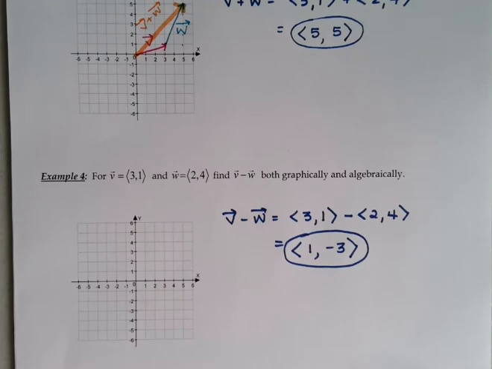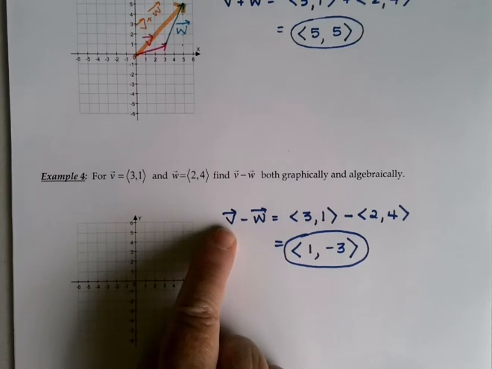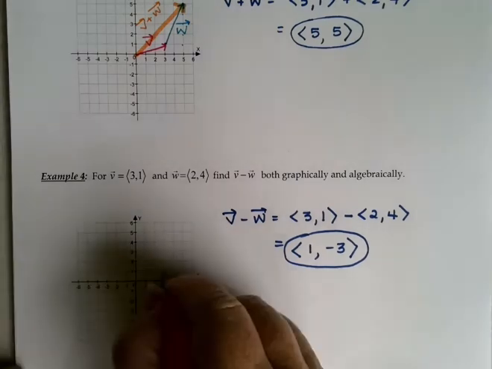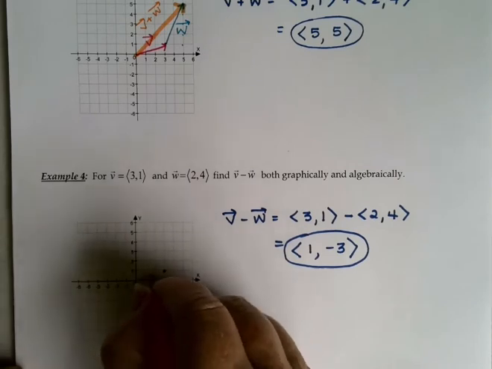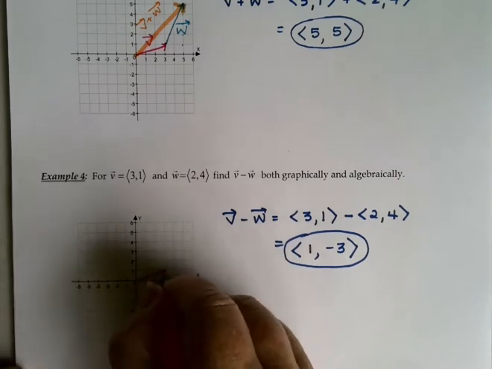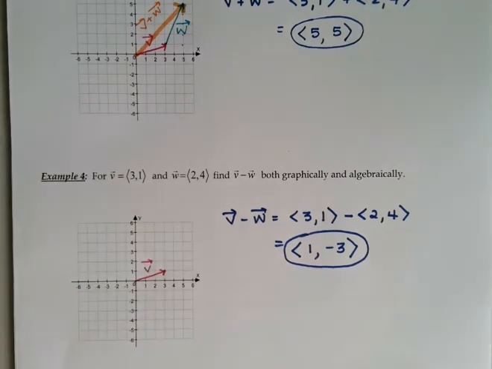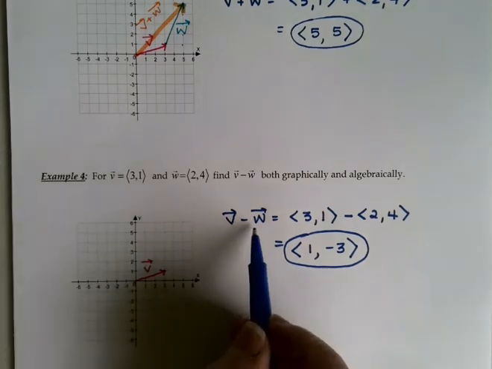All right, how can I show that geometrically? Well, let's once again start with V, which was our vector 3, 1. And this time, it's not really W I want to tack onto the end of that.